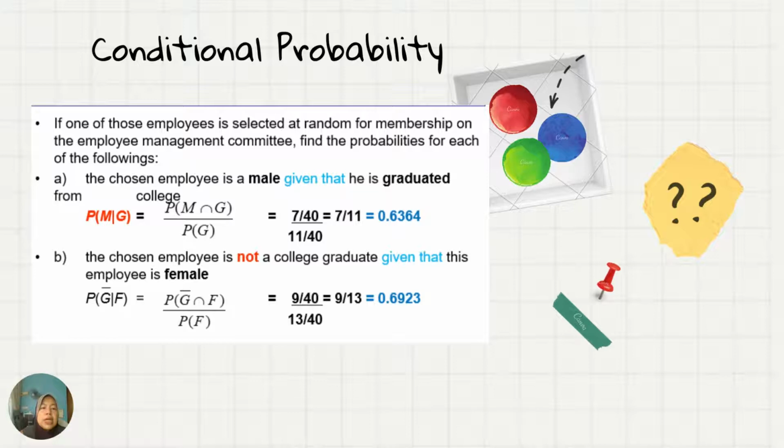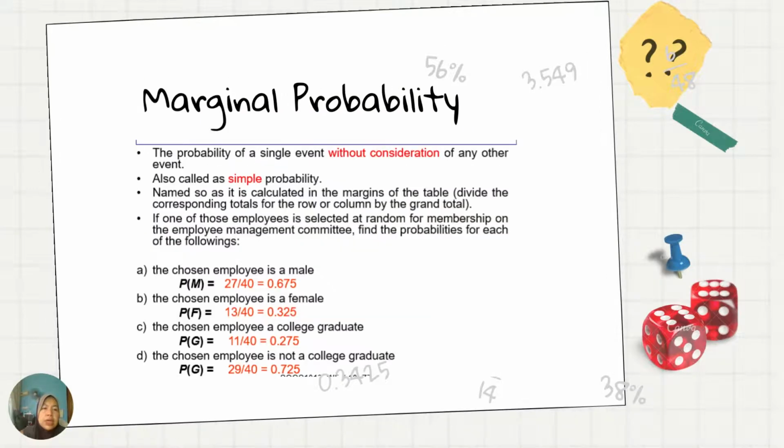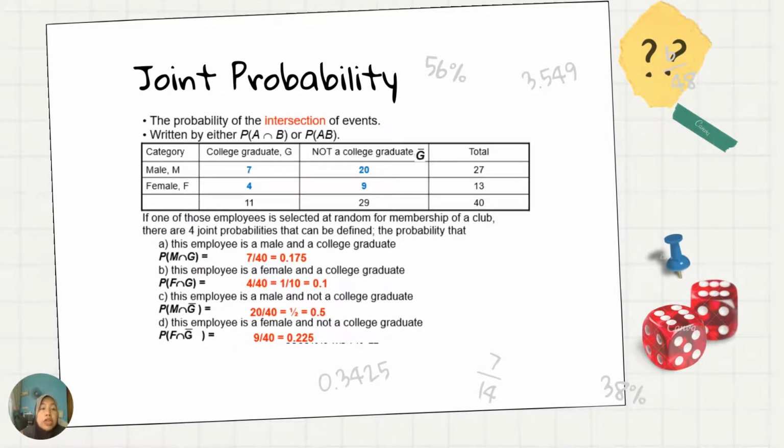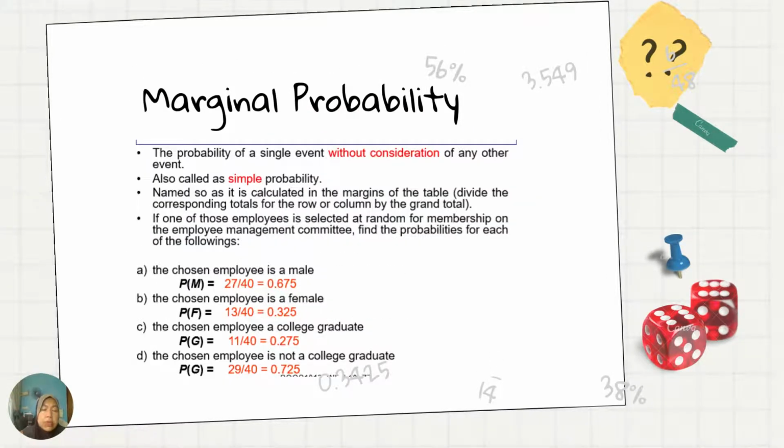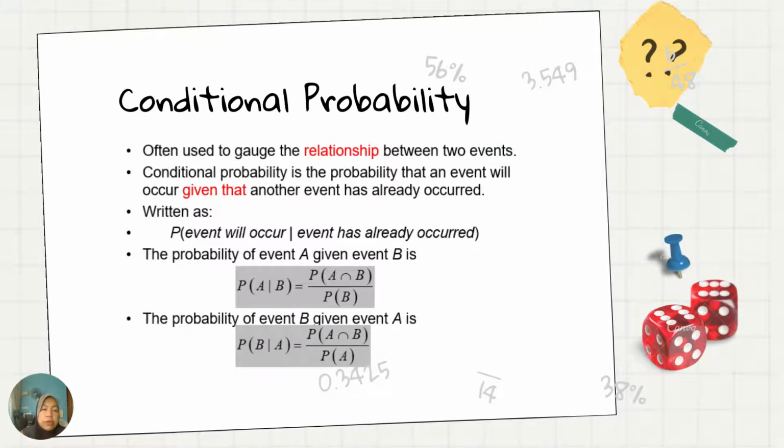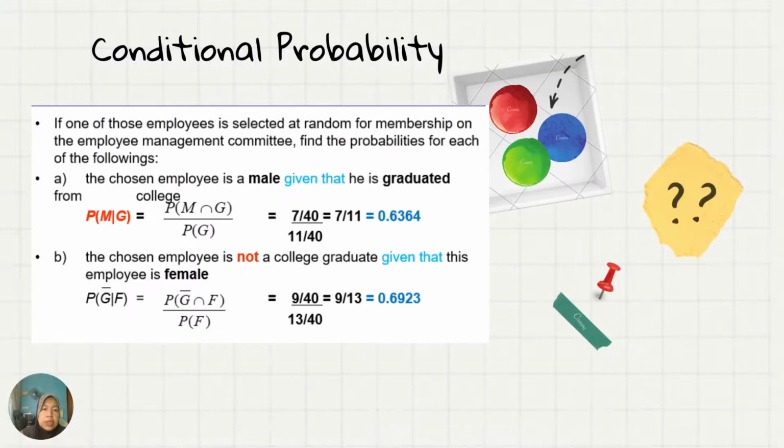Why don't we just take this one? This is the joint probability, which we learned before. That is joint probability, and this is conditional probability. So please be careful, don't be confused between joint and conditional. For a condition, the event must have occurred. Right. So 7/40 divided by 11/40, we cross divide, and we got the answer 0.6364.